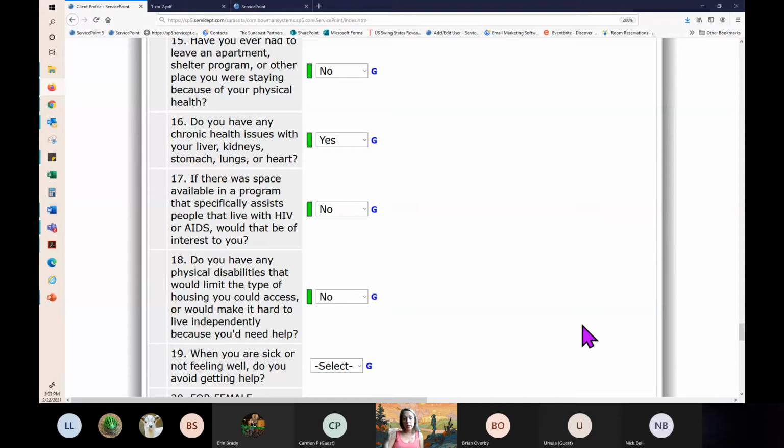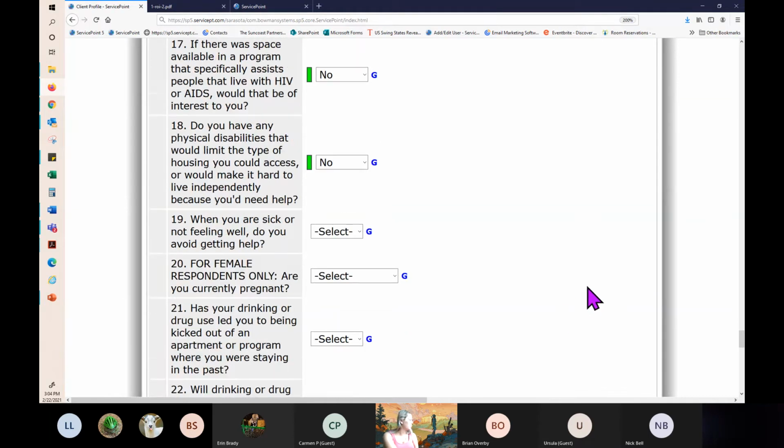Right now, we're saying that Brandon can independently live. He's physically disabled, but he can live independently. Whereas if a client obviously could not live independently and was physically disabled, we'd be working in a different realm of housing options. Great question. Thank you so much.